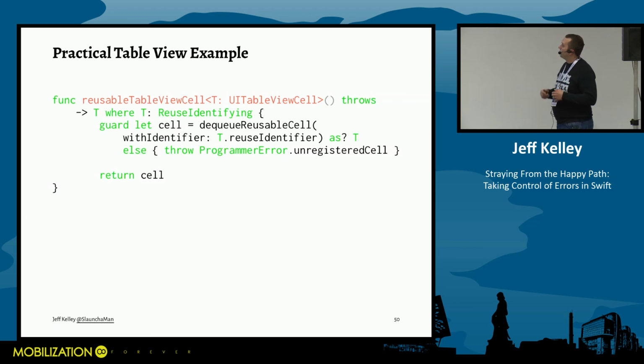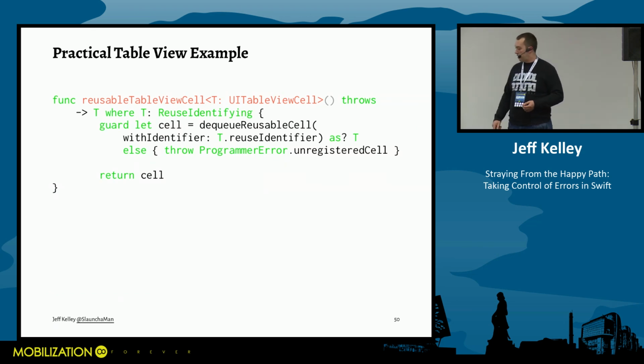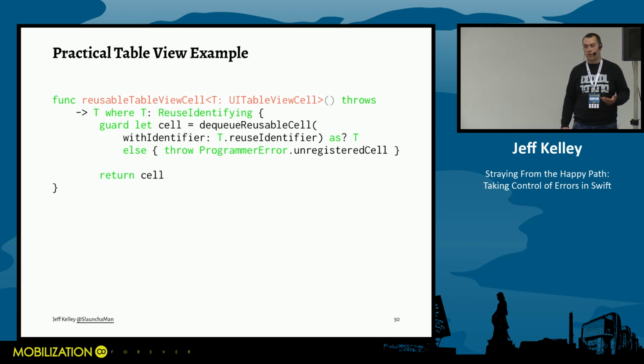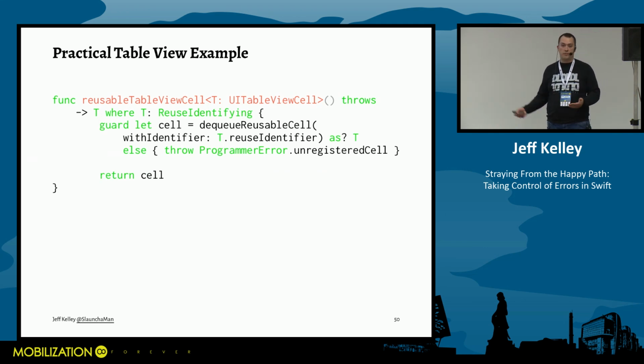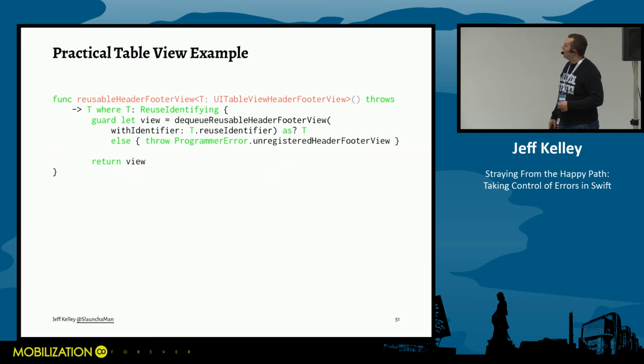And if that doesn't give you a cell, it will call unregisteredCell. And the reason for that is that you have to register the cell before you can do this. And so I have a test that makes sure that when my view controller loads, after viewDidLoad is called, this cell has been registered with the table view for reuse. And same thing with header footer views.